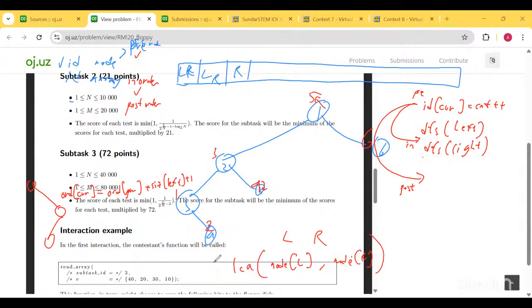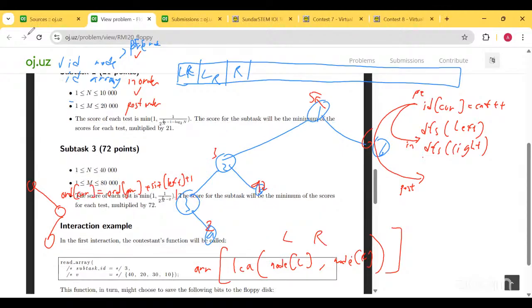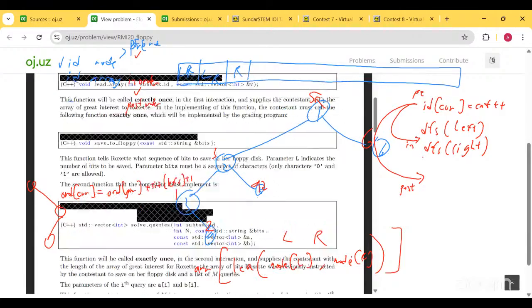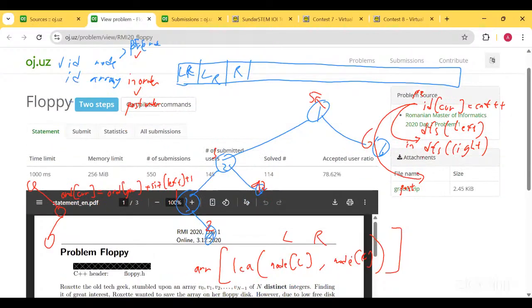And then finally, we want to know the index of the array in the node of LCA. Okay. Is it understood? All right. So you can get these 72 points. Okay. Is there any other question?